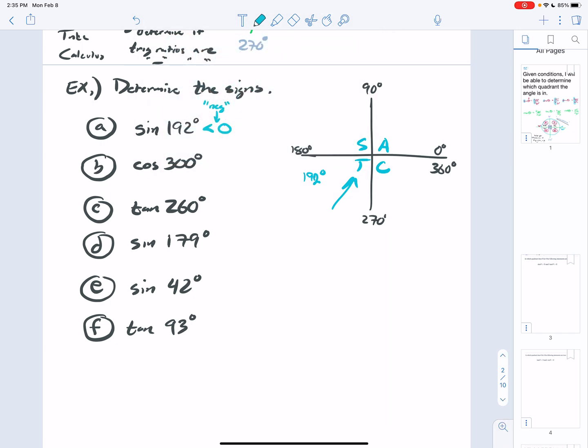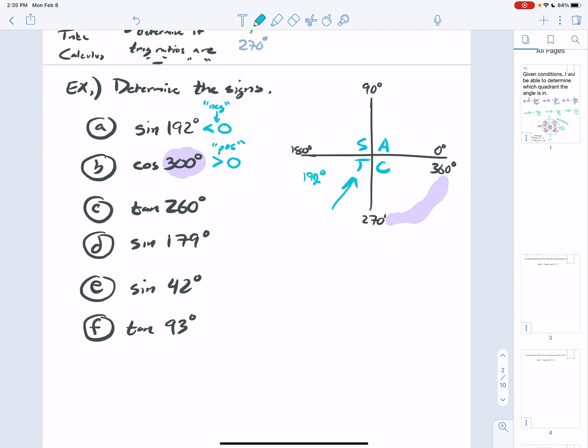Okay, so here we go. First, you look at the angle. 300 degrees. That's somewhere in quadrant 4 because it's in between 270 and 360. And cosine comes out positive, and since you're dealing with cosine, it'll be greater than 0. Why? Because all numbers that are greater than 0 are called positive numbers, okay?